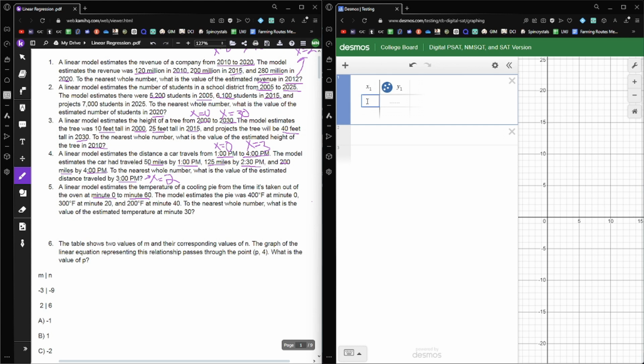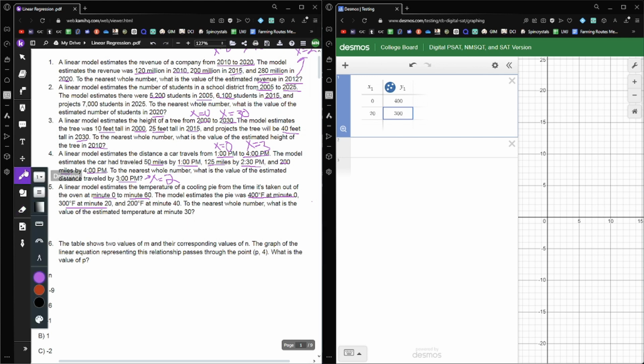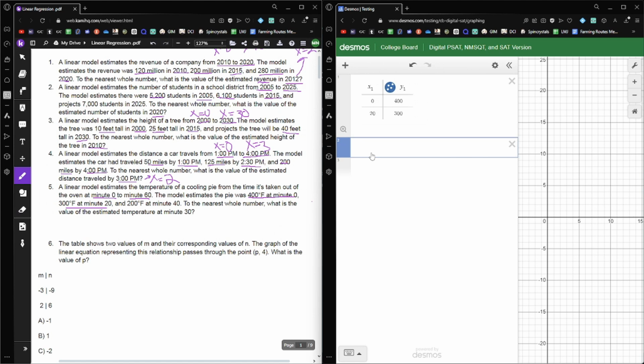Let's start putting this into our table now. 400 degrees at minute 0, so 0, 400, and 300 degrees at minute 20. Minute 20 and 300 degrees. We do have another point, but since it's linear regression, we don't need to worry about that.